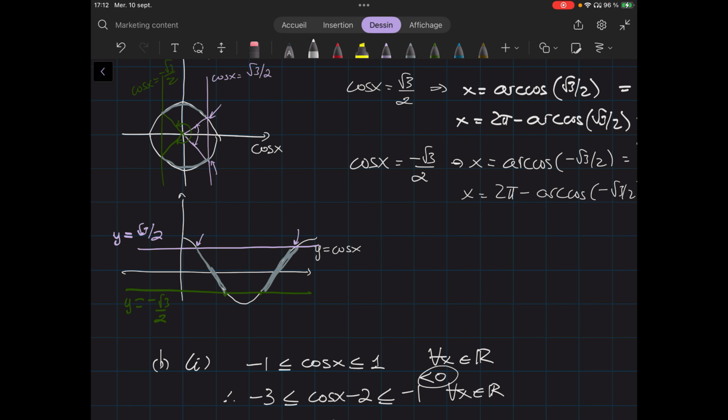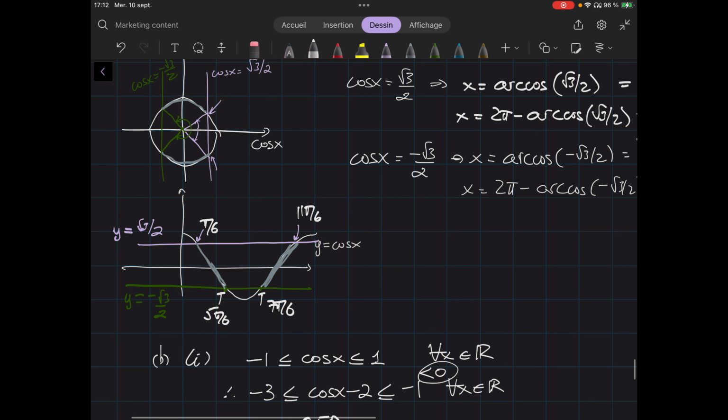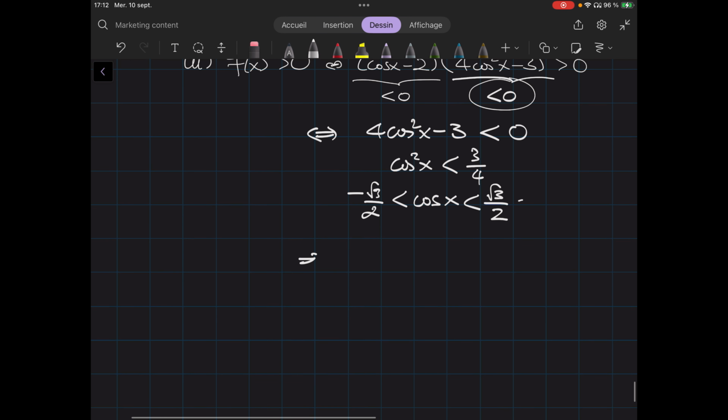We have found from part A that this point over here is pi by 6, this point is 5 pi by 6, this point is 7 pi by 6, and that point is 11 pi by 6. So our solution set is from pi by 6 to 5 pi by 6 exclusively, or 7 pi by 6 to 11 pi by 6 exclusively, endpoints excluded.